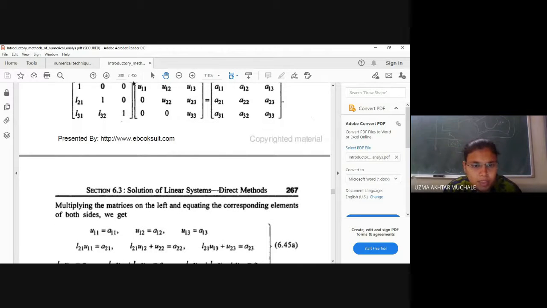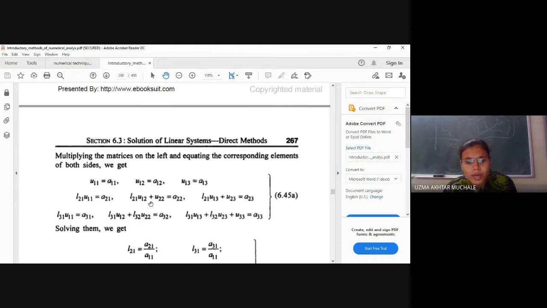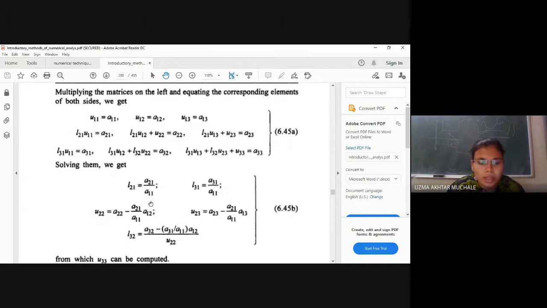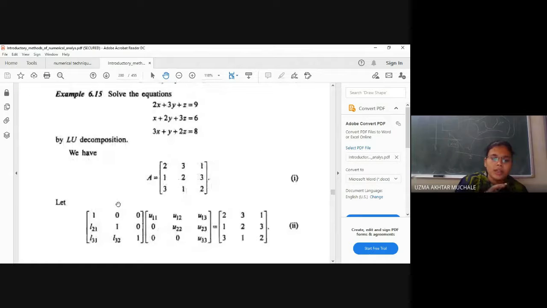By multiplying the two matrices and using equality of matrices, you get a11 equal to u11 and so on. With these equations you can find the values of the lower and upper matrices, because all the entries aij are known. Then you can substitute and get the matrices L and U.